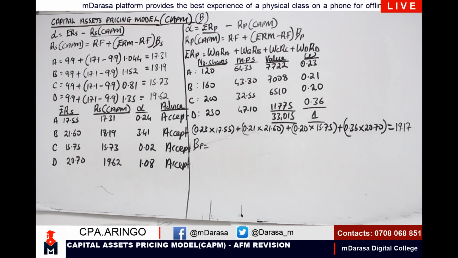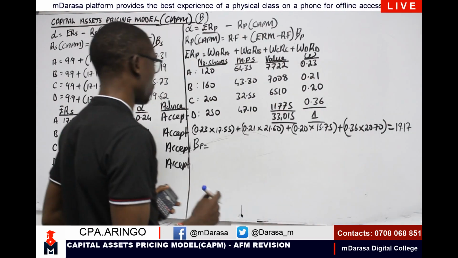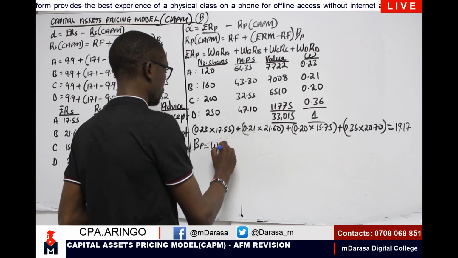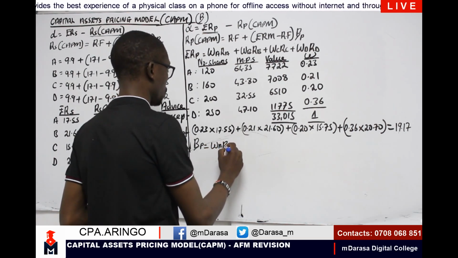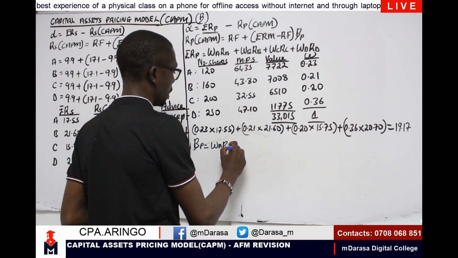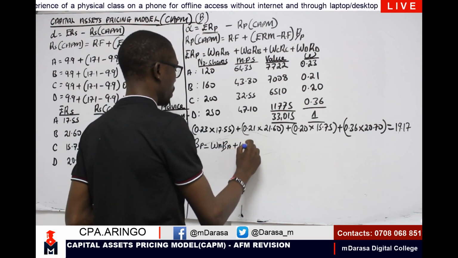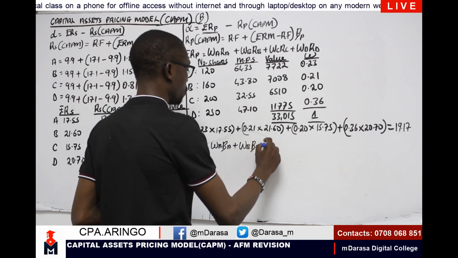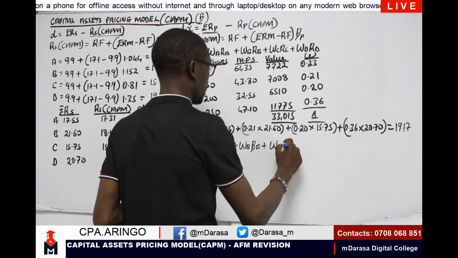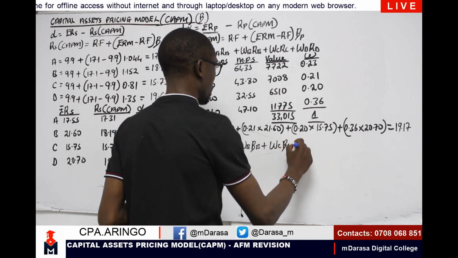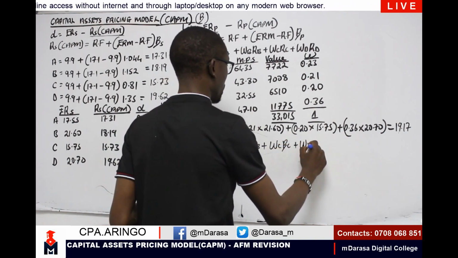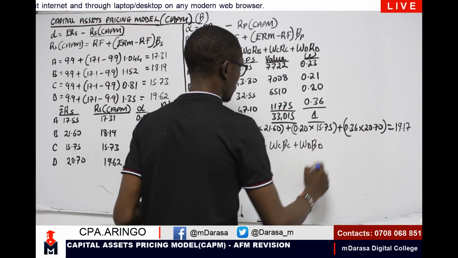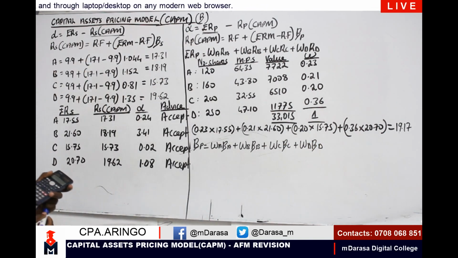So the same case, to determine that beta of the portfolio, we should be having the weight of A times beta security of A. We need to add weight of B times beta of B. We need to add weight of C times beta of C, then plus weight of D times beta of D. Right? That is what we should be having.